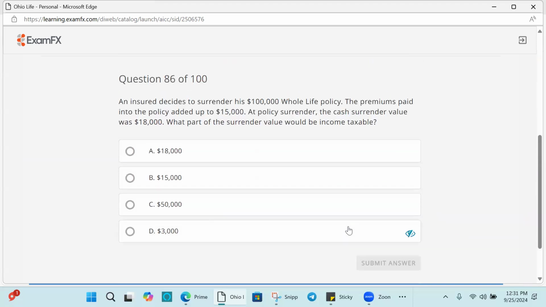Okay, here's another math question. Insured decided to surrender his $100,000 whole life policy, which means that's gone. The premium paid into the policy added up to 15,000.